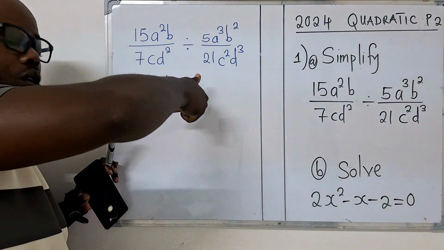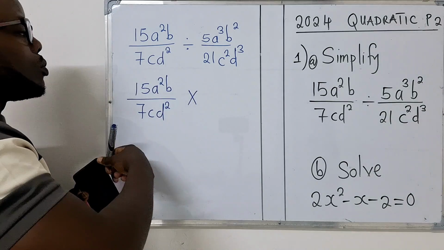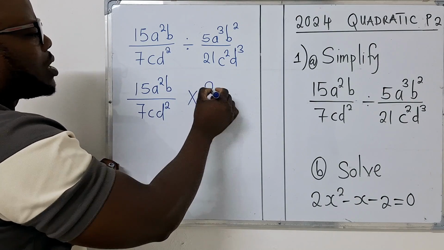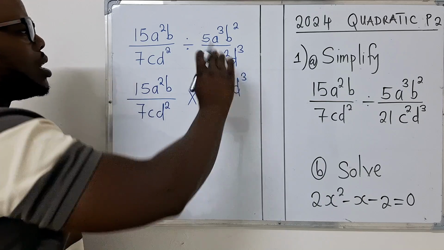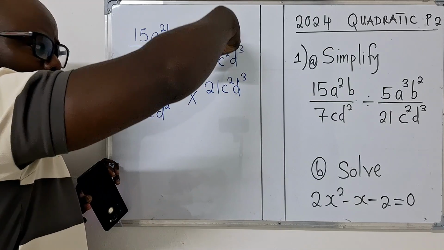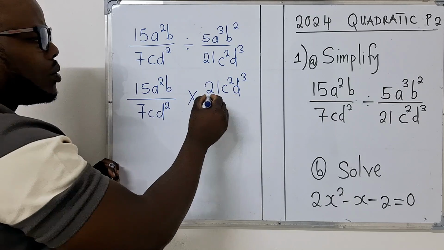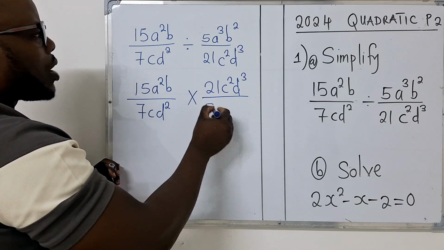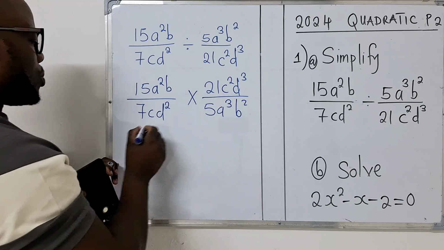It was division, it will now be multiplication. And then we write 21c power 2 d power 3. So this fraction will reciprocate. What is down here will go on top, and what is on top will come down. So we shall say over 5a power 3 b power 2.